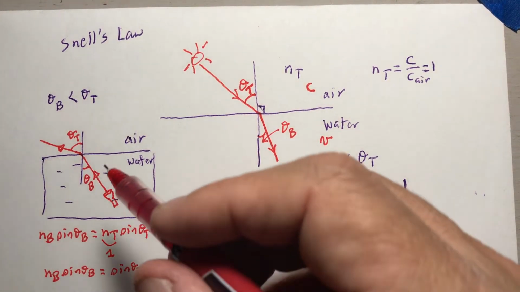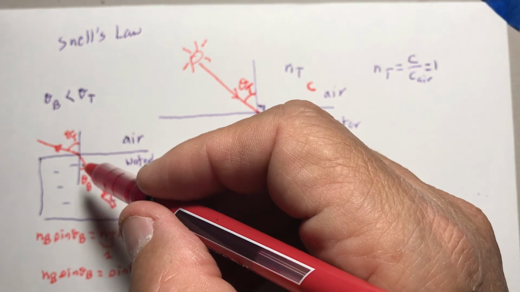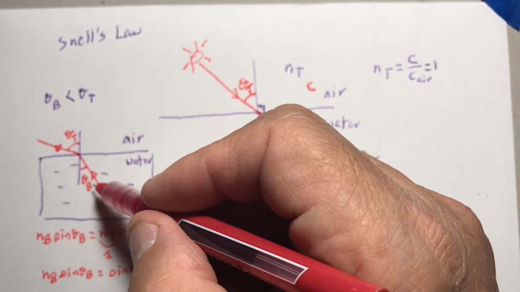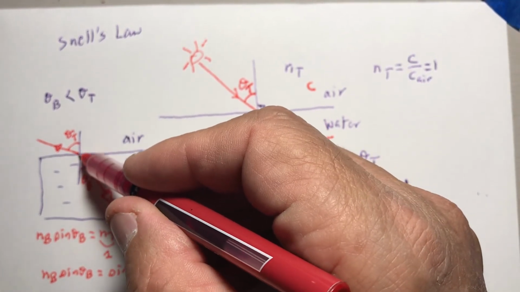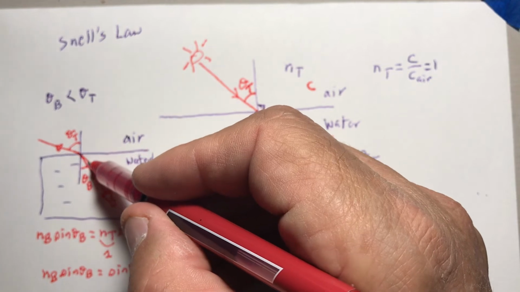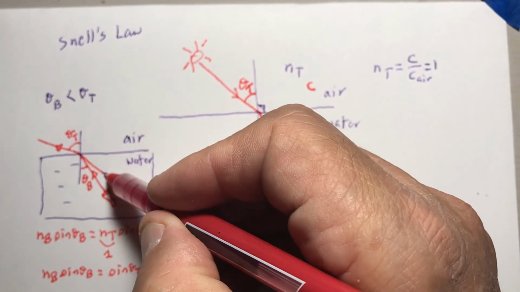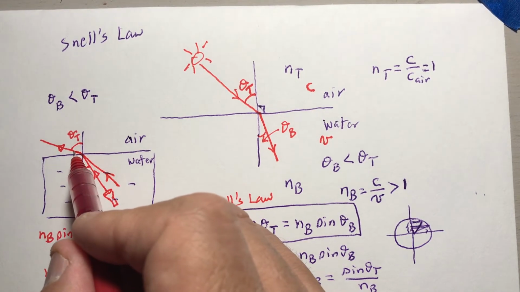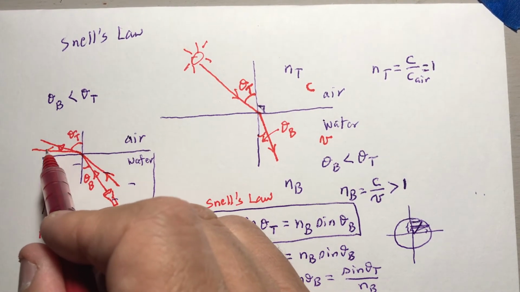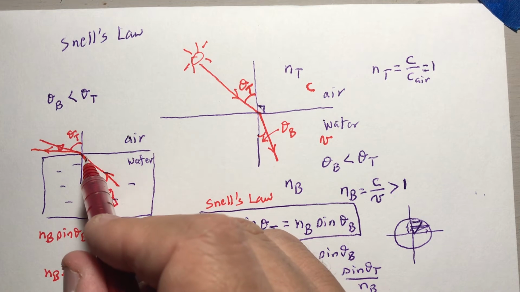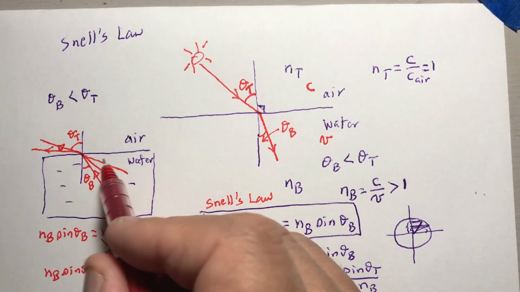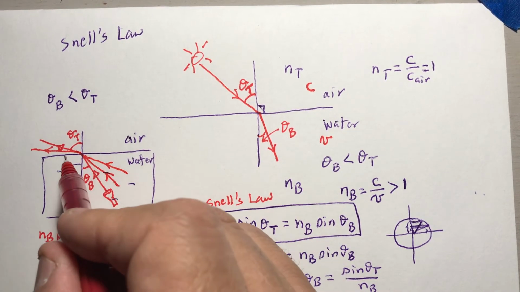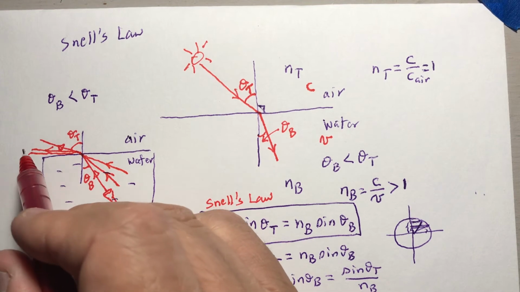Now something interesting is going to happen. If we increase this angle, let's see if I shoot the radiation at some bigger angle like that, this refracted beam will go this way. If I come closer here to the surface, the refracted beam will go this way.